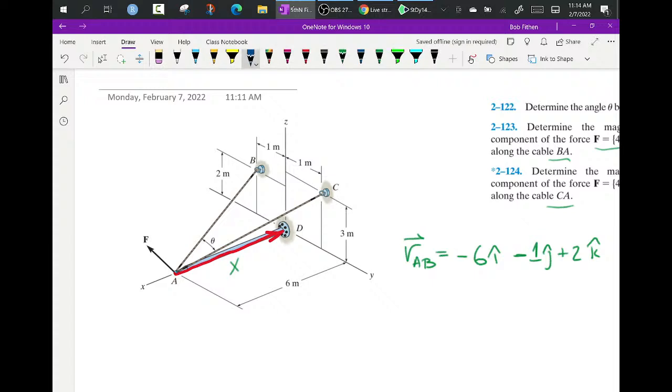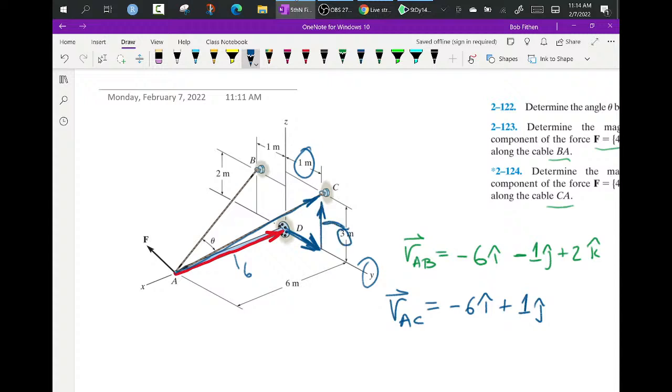The other vector is right here, that's R from A going to C. Again, I still go this 6 right here, so I go minus 6i. But then I go out in y by a distance of 1. And then I go up. This time I go up 3 instead of 2.